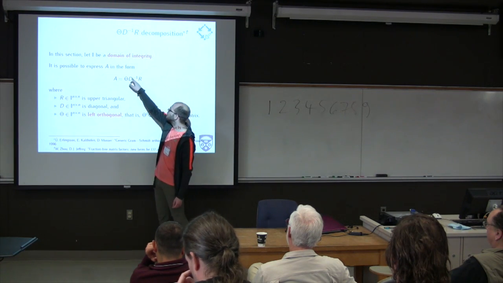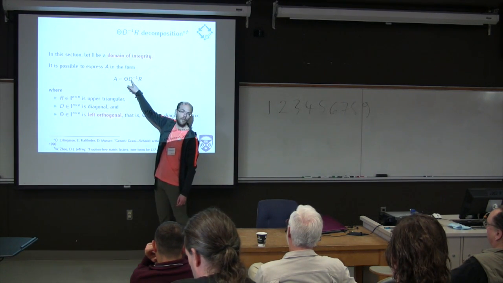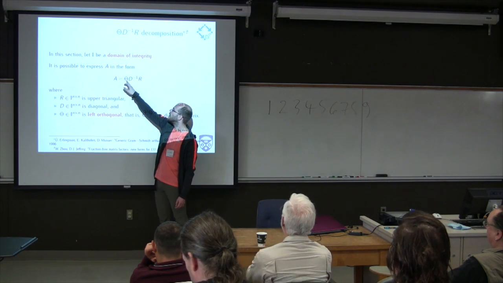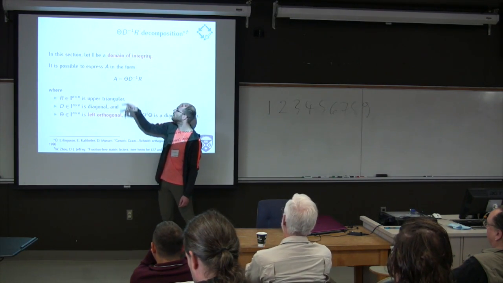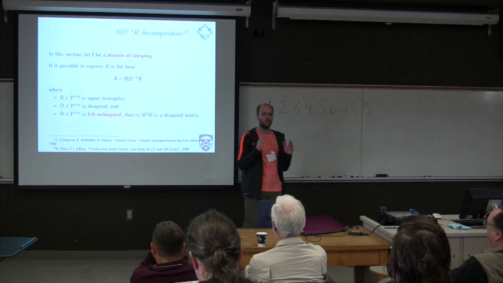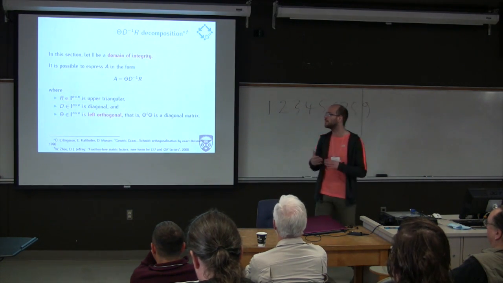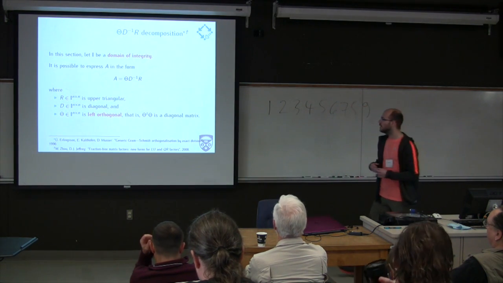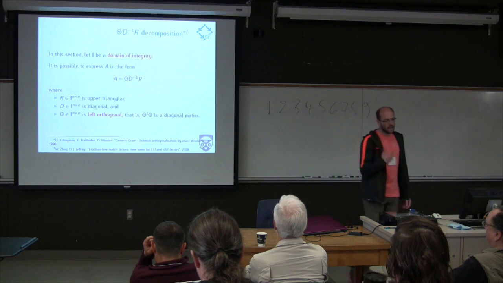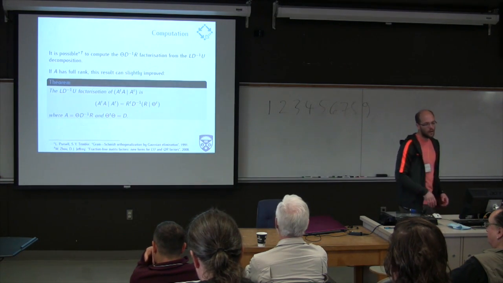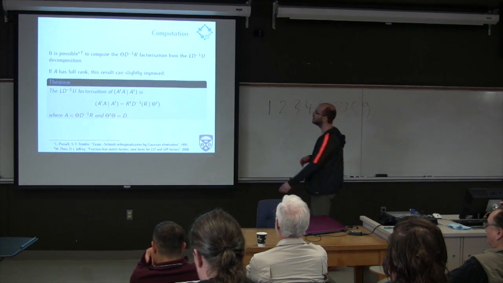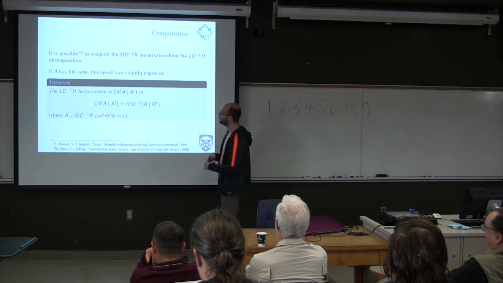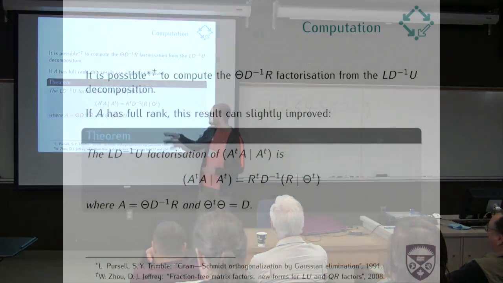You collect all the denominators in a diagonal matrix D, and the product of Theta and D to the minus 1 would be the Q matrix in the standard decomposition. So there is a link between the LDU decomposition and the QR decomposition.